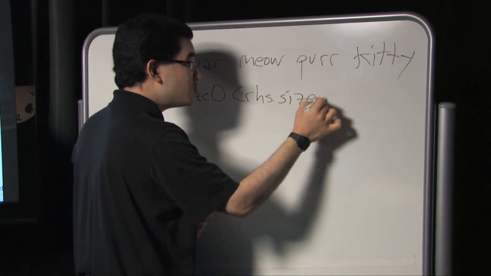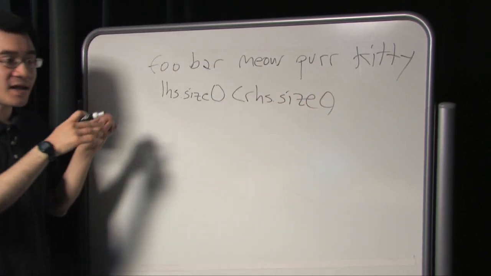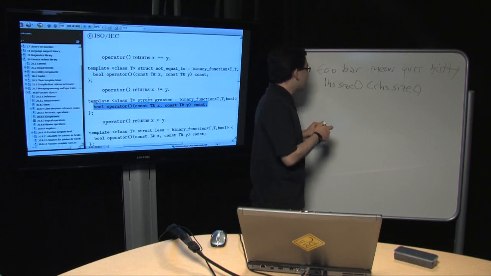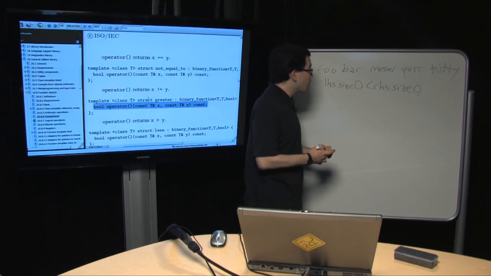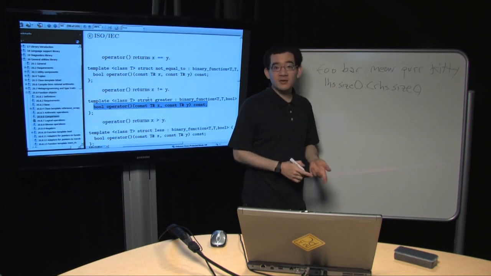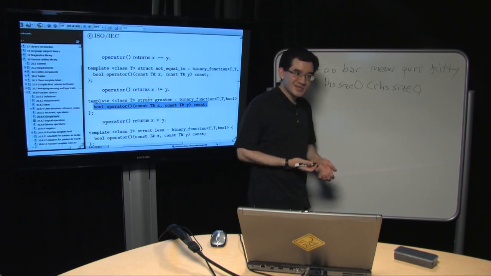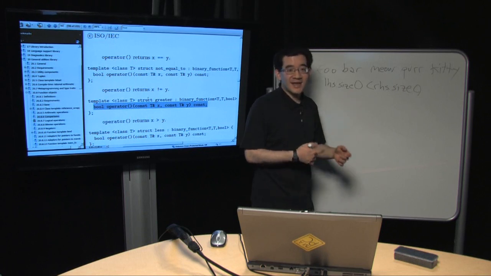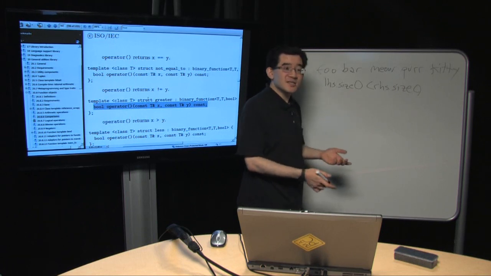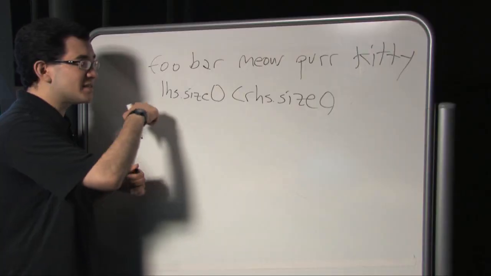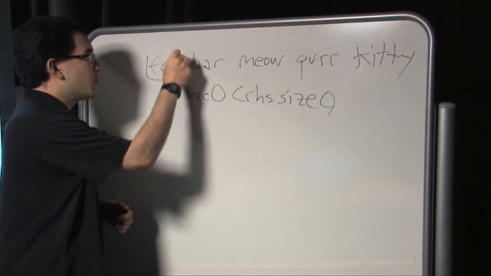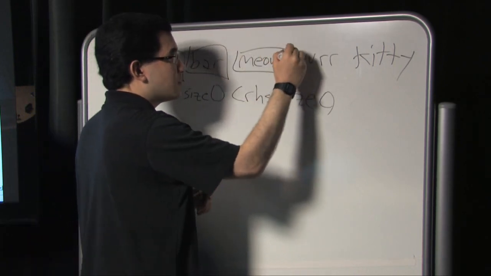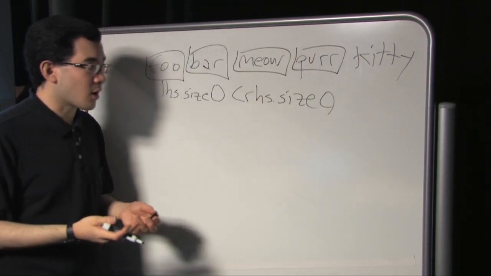So this is comparing two strings, but instead of looking at their characters and doing a dictionary comparison as usual, it's looking only at their sizes. This is a perfectly valid STL comparator because it behaves consistently, it doesn't return non-transitive results, it behaves like less and not less equal, but it does consider some elements to be equivalent. As far as this comparator is concerned, foo is exactly equal to bar because they have the same size, and meow is equal to purr because they're both size 4.